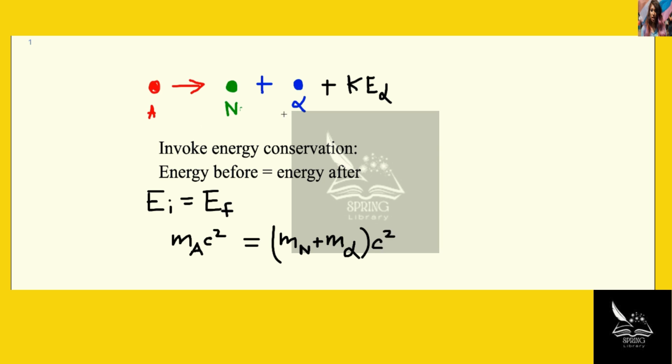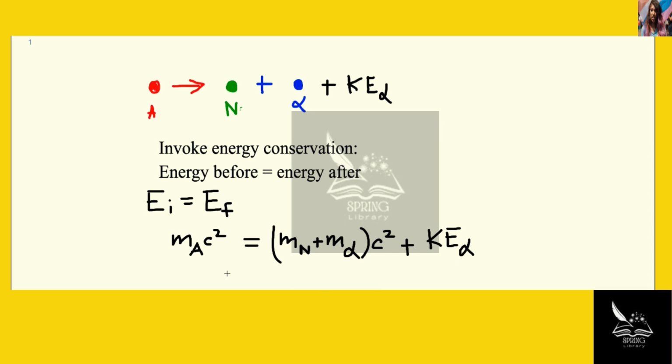So that's the rest mass of these things. But that's not all, because we have an alpha particle that's moving with some kinetic energy, which we will add here, KE sub alpha, meaning kinetic energy of the alpha particle.